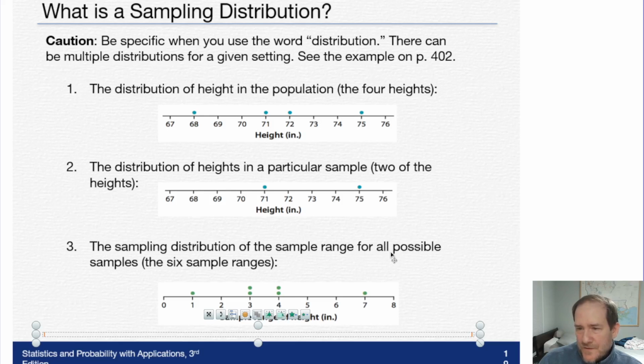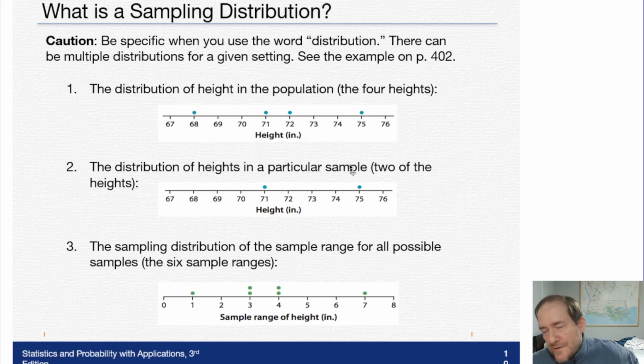And we might do that for all possible samples and see all 6 data points, or we might do it for just a few samples at a time. But again, you have to really describe the distribution very well. So you're talking about the distribution of what statistic and in what group. Is it the parameter from the population? Is it a statistic from a sample? If it's from a sample, which sample? Blah, blah, blah. You get it. Moving on.